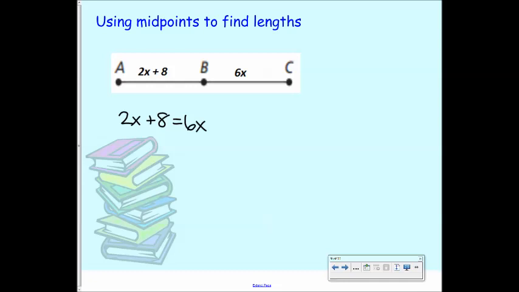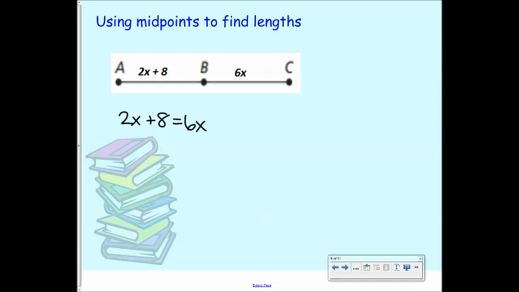Does anyone have an x value? X equals 2. Who else? Do other people get 2? All right, so x equals 2. So then if x equals 2, what's BC? So then that means that's also 12.